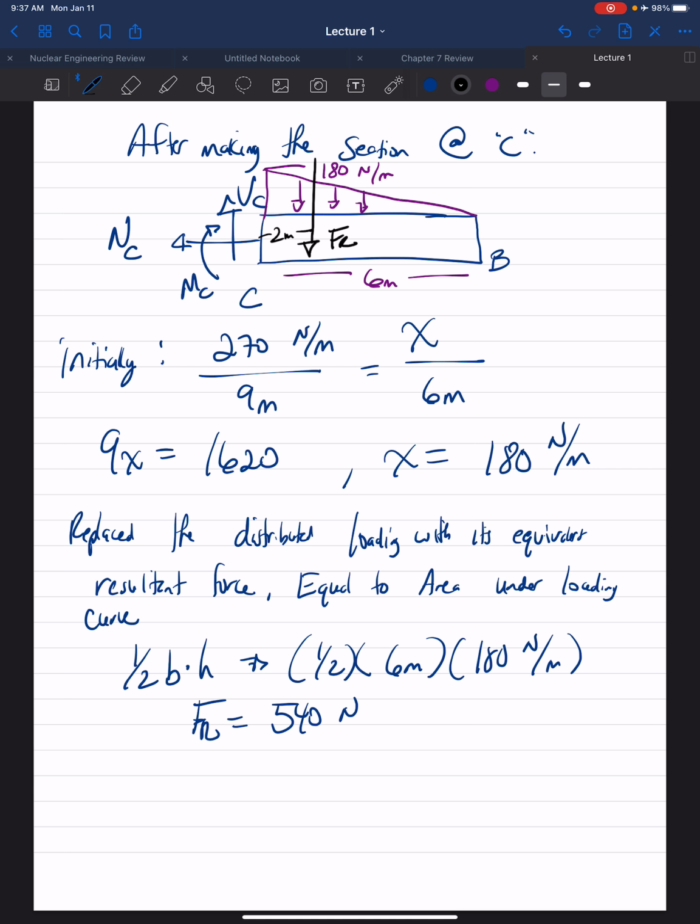The 540 newton force, which is separated by a distance of 2 meters from point C, is causing a clockwise, so negative, rotation about the point C. Let's solve this out.